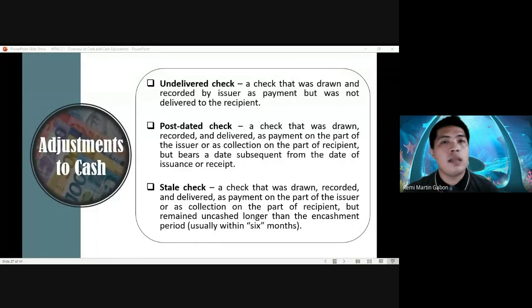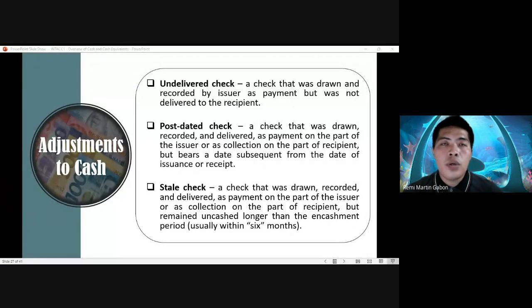The effect of that check in the aspect of recording is as if we have paid per record. But for actual sense, we did not have an actual outlay because no actual payment has been made because of the non-delivery of that check.